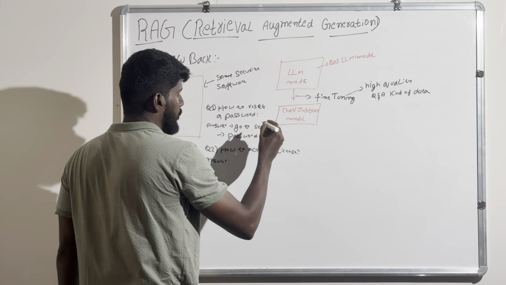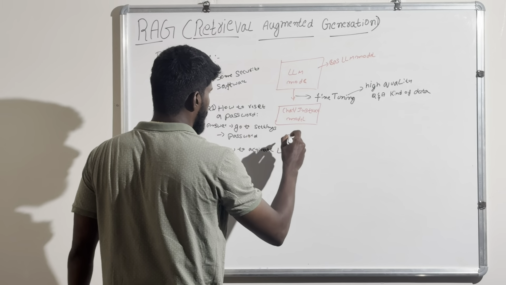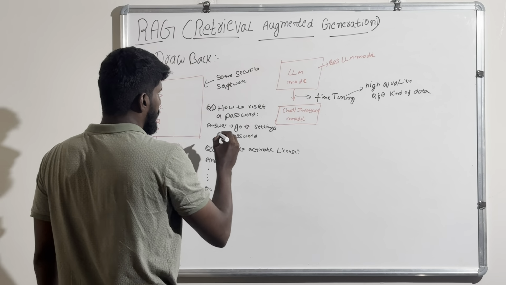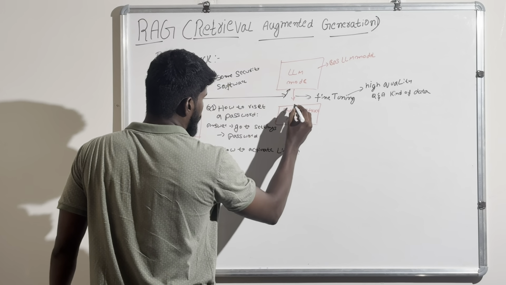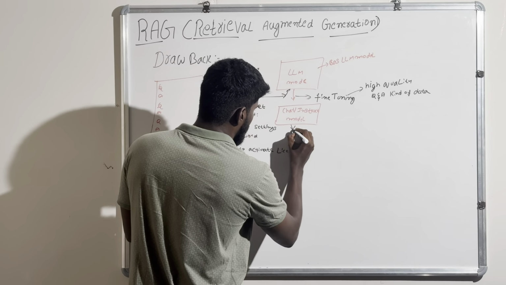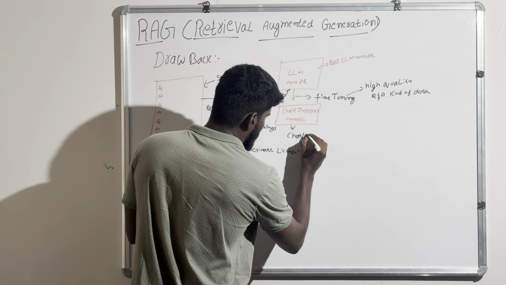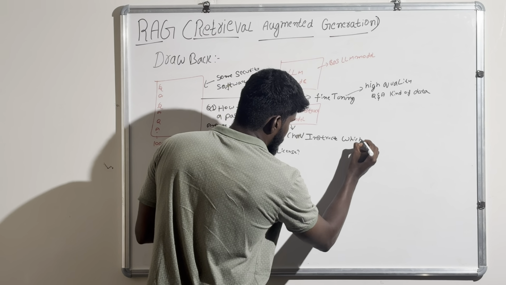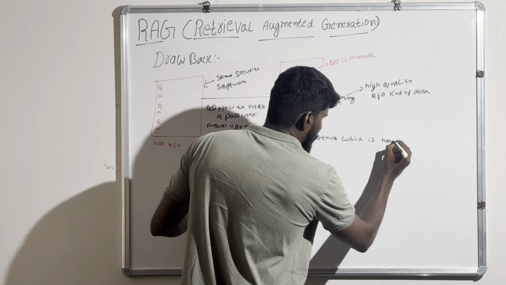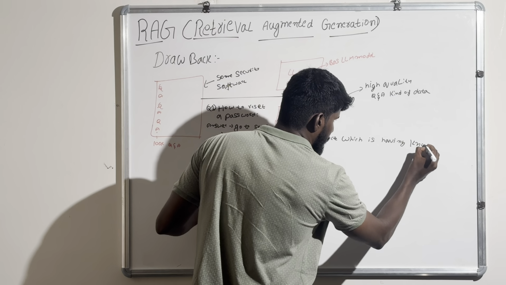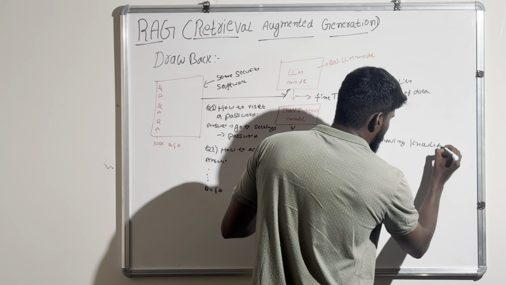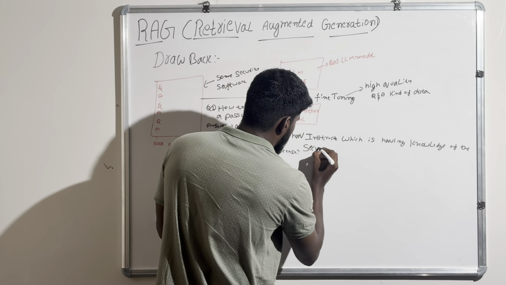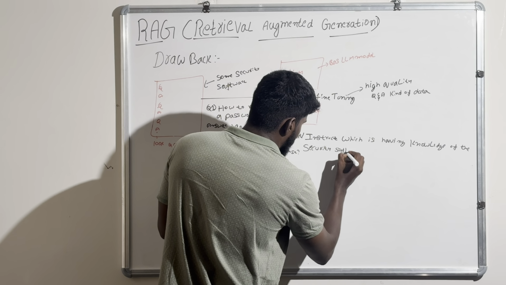You have a base LLM, and you want to convert this base LLM to the chat or instruct model by fine-tuning on this data about the security software. You have fed this data to this base LLM model, and you have done the fine-tuning, and you got a chat or instruct model which has knowledge of the security software.